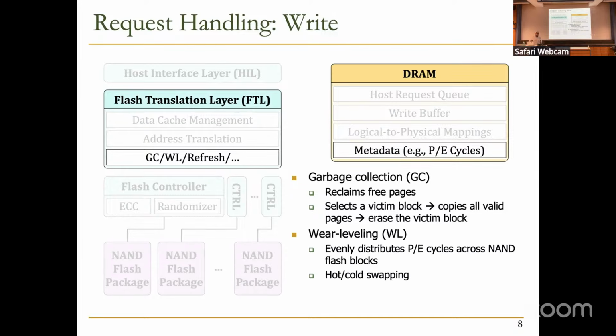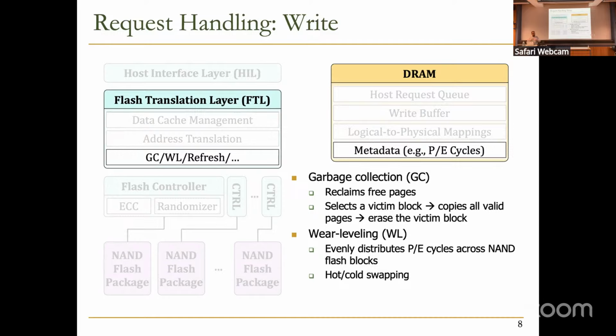Also, wear leveling is very important because flash cells, similar to other emerging memory technologies, have limited endurance. So it's very important that you level the wear of all flash blocks. That's why we use metadata, for example, to keep the number of program and erase cycles for each flash block.